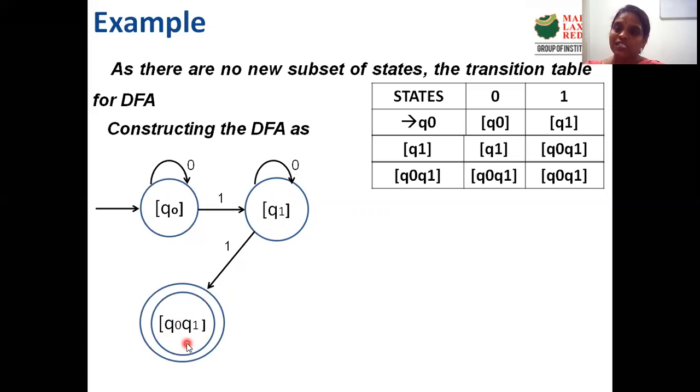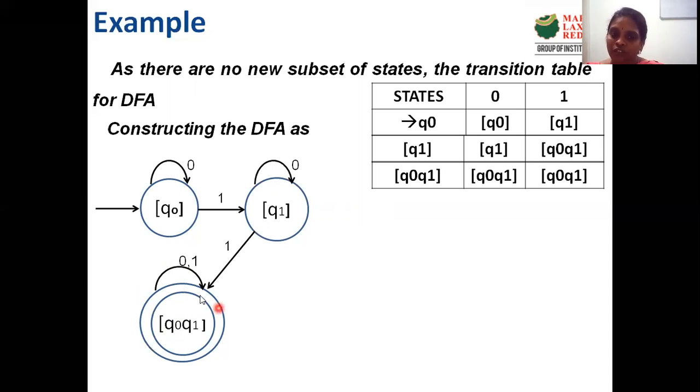As Q naught is the initial state and the final state here, the subset of states containing Q naught is marked as the final state. Now defining the transitions for Q naught Q1 on 0 and 1, both of them refer to the same state itself, which can be given like Q naught Q1 on 0, 1 is again Q naught Q1.